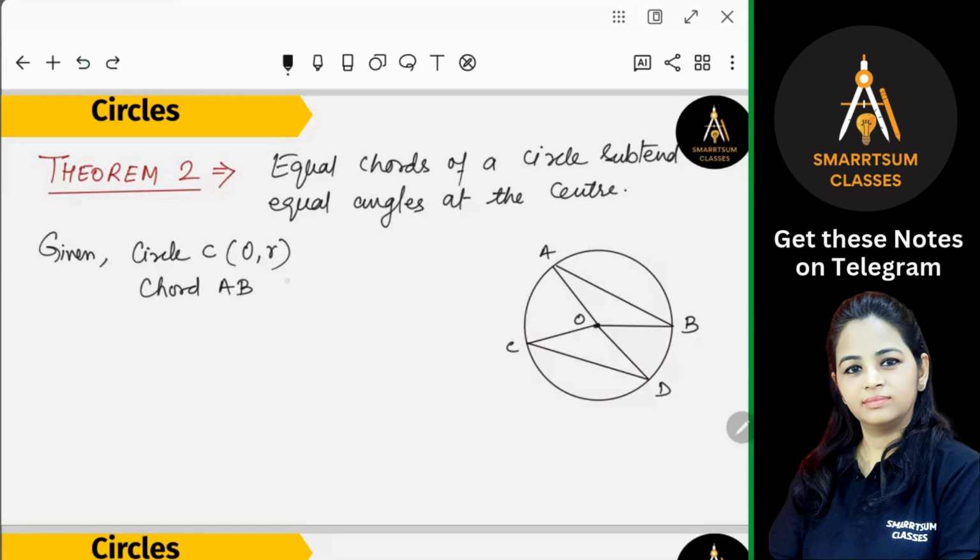So chord AB is equal to chord CD, because equal chords means these two chords are equal in length. This is already given here.